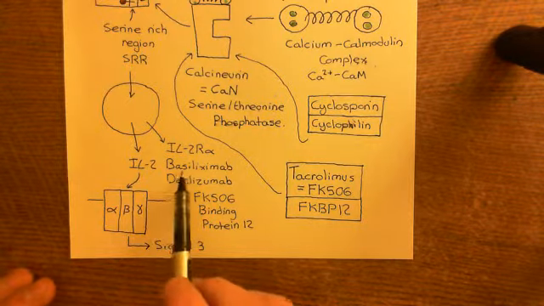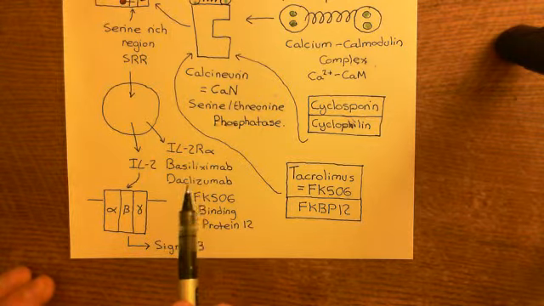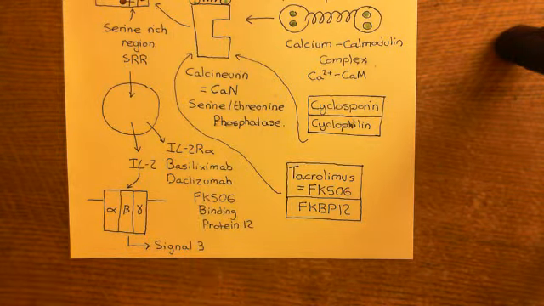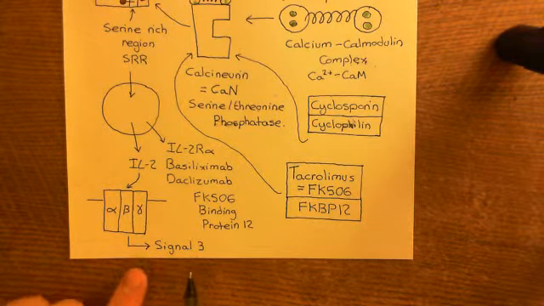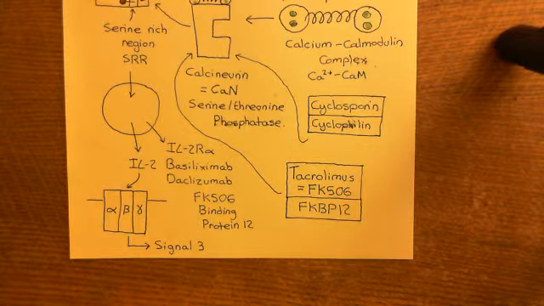So these two drugs are basiliximab and daclizumab, and they both work by blocking the interleukin-2 from binding to the interleukin-2 receptor. In the next video we'll continue our discussion of immunosuppressants by looking at rapamycin, which works by blocking signal 3 from occurring within the cytoplasm of the CD4 positive naive T cell.